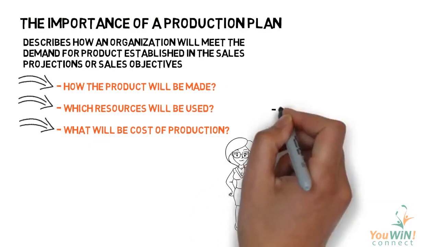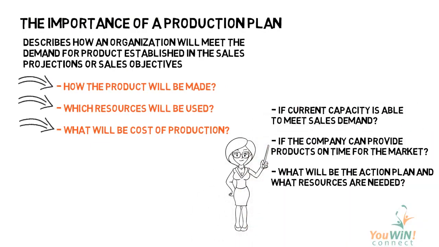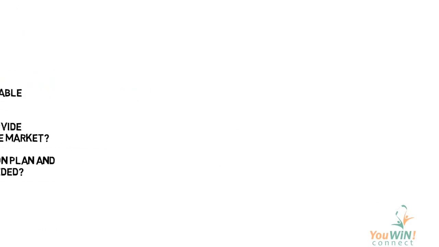The production plan will examine if the current capacity is able to meet sales demand, for example, in an existing organization, and if the company can provide products on time for the market to be able to meet the sales objectives. And of course, what will be the action plan and what will the resources needed?